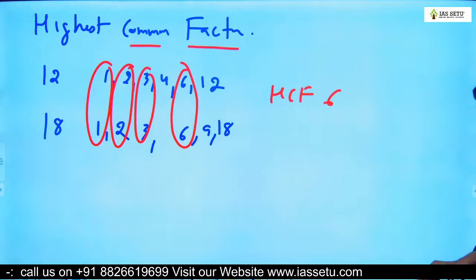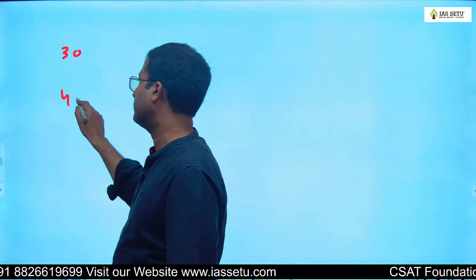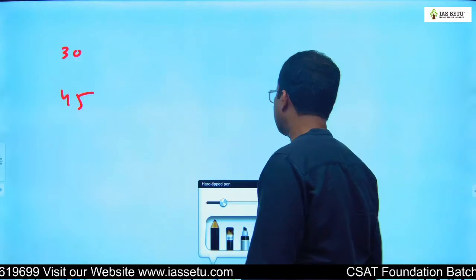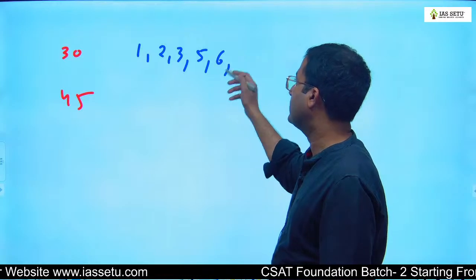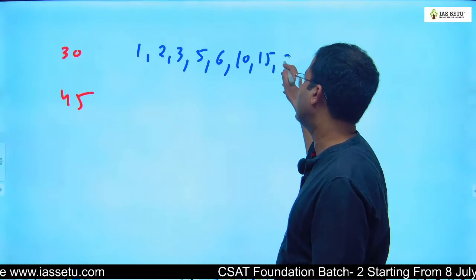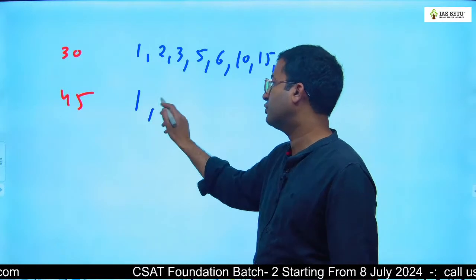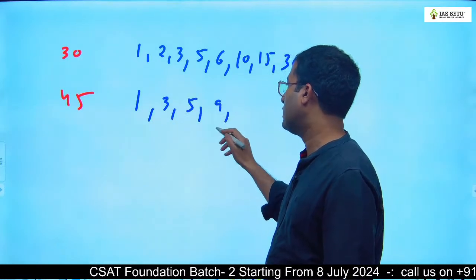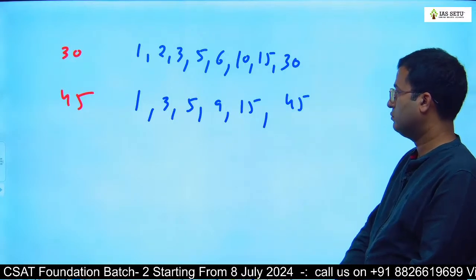One more example, like 30 and 45. We will see what are the factors of 30: 1, 2, 3, 5, 6, 10, 15, 30. Factors of 45: 1, 3, 5, 9, 15, 45.